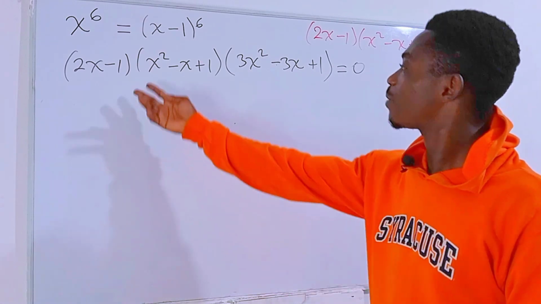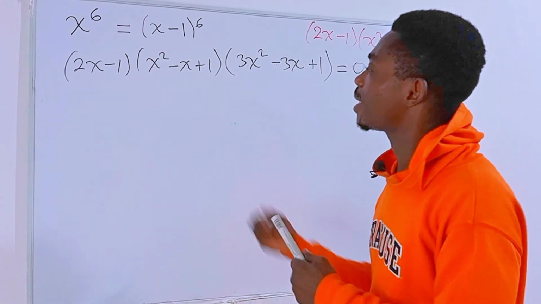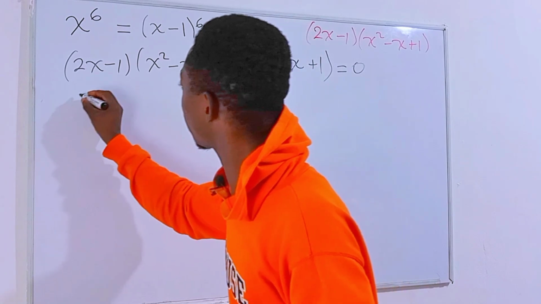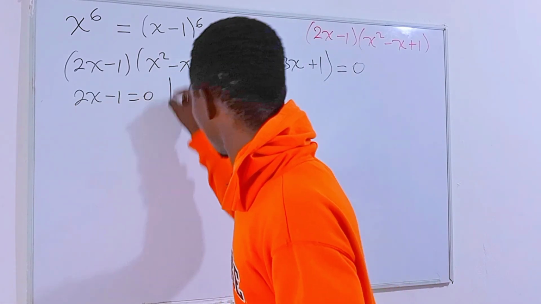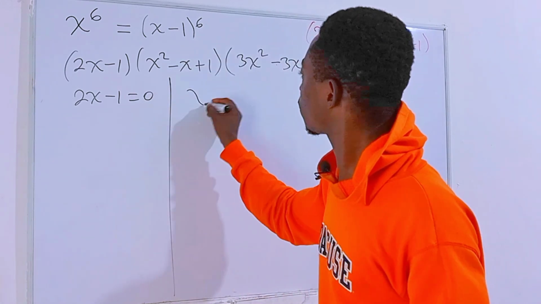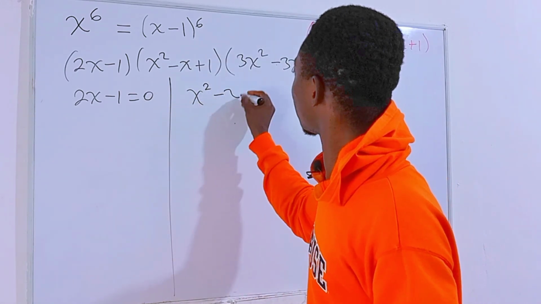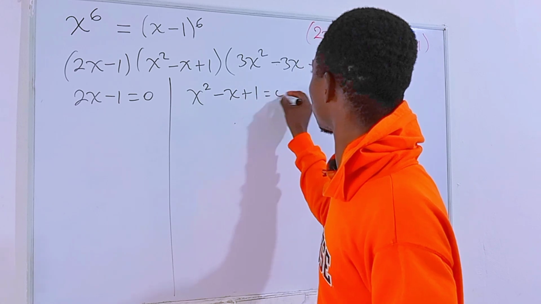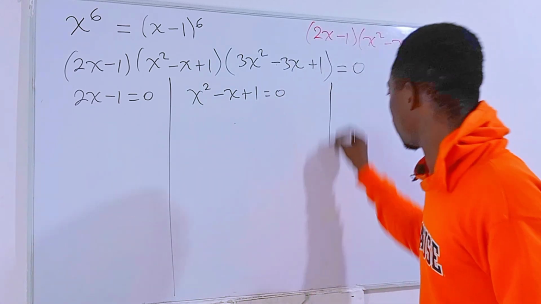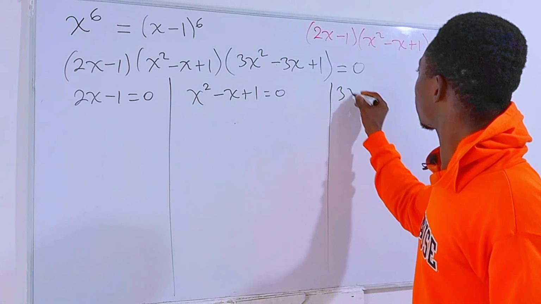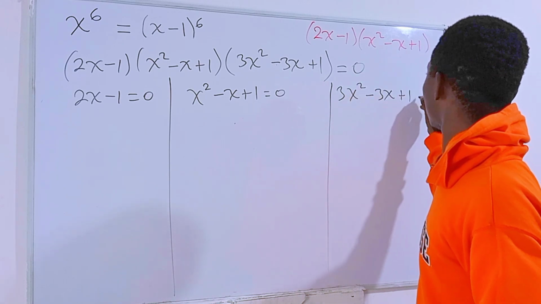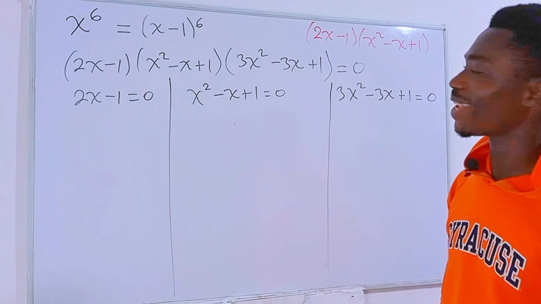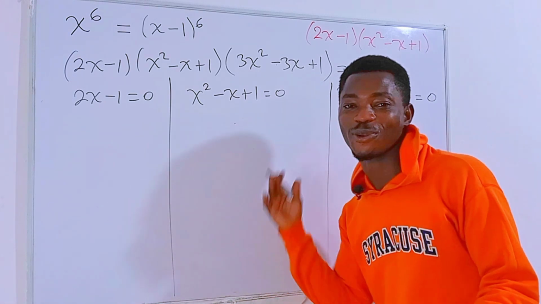We have factors multiplying. Actually, this means that this right here, which is 2x minus 1, is equal to 0. Then we also have x squared minus x plus 1 is equal to 0. And lastly, we have 3x squared minus 3x plus 1 is 0. And now we can solve all of them.